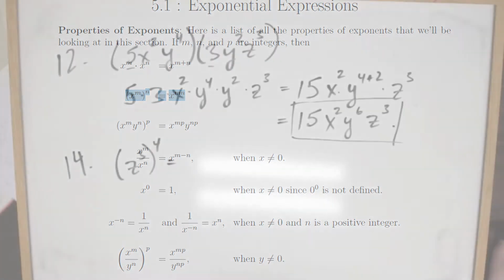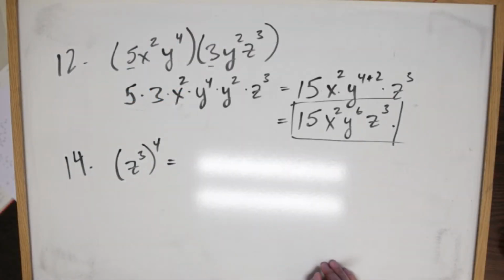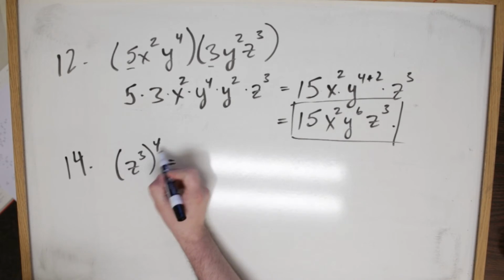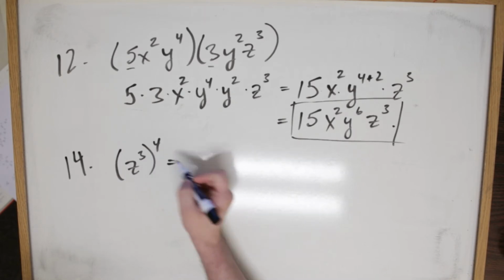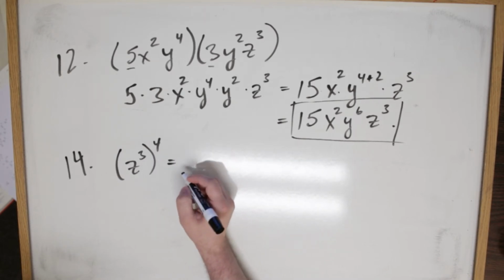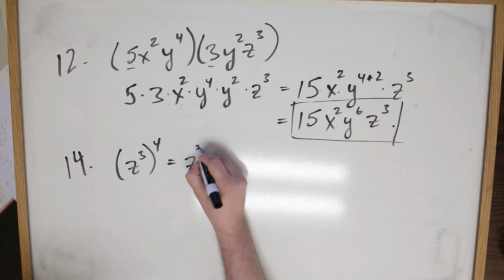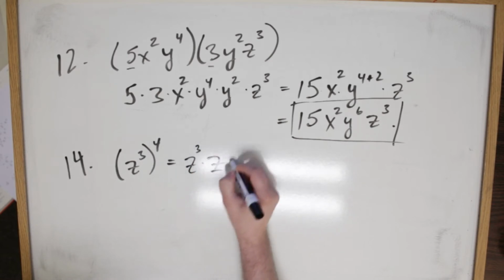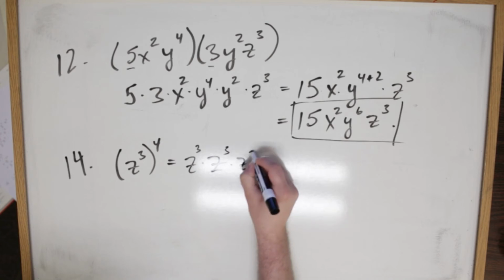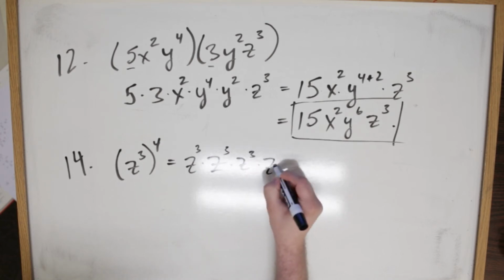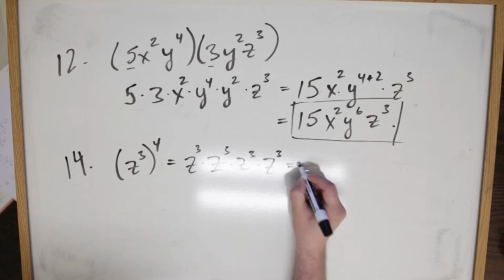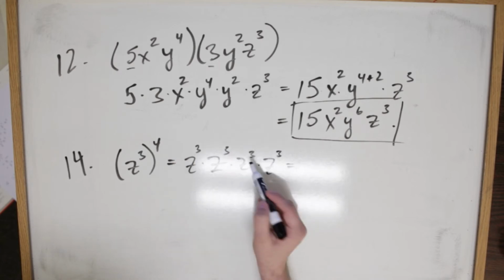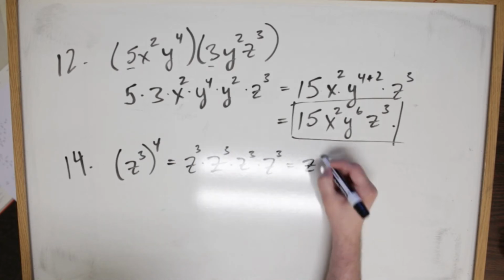Let me write it out so you can see what it looks like. This is the same as z to the 3rd times z to the 3rd times z to the 3rd times z to the 3rd, which is equal to 3, 6, 9, 12, z to the 12th.